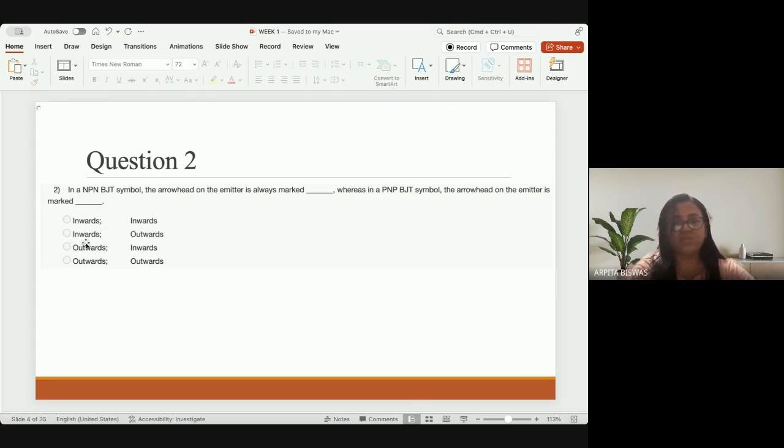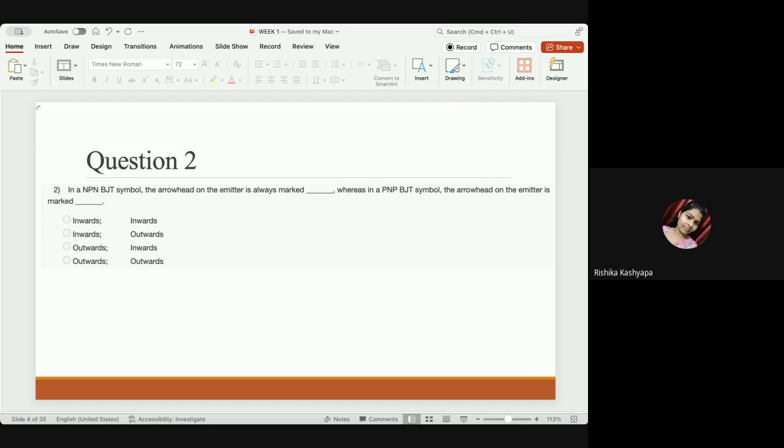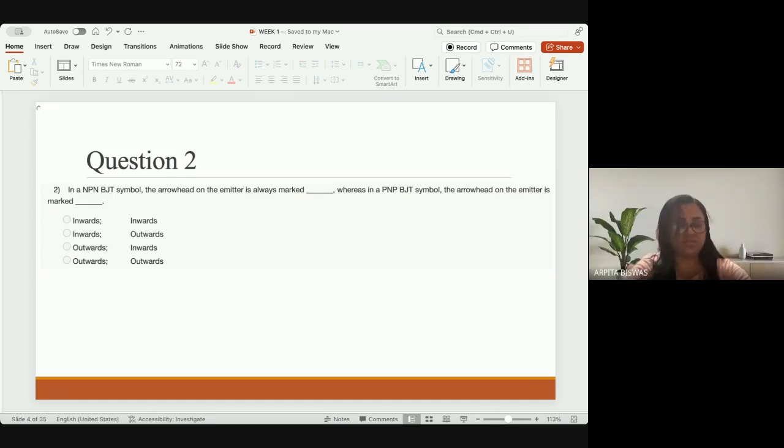The second option is inward and outward. Option C is outward and inward. Option D is outward and outward. Go through the question carefully. You can draw the circuit to see how the NPN and PNP BJT symbols look, and then tell me what the right answer is.